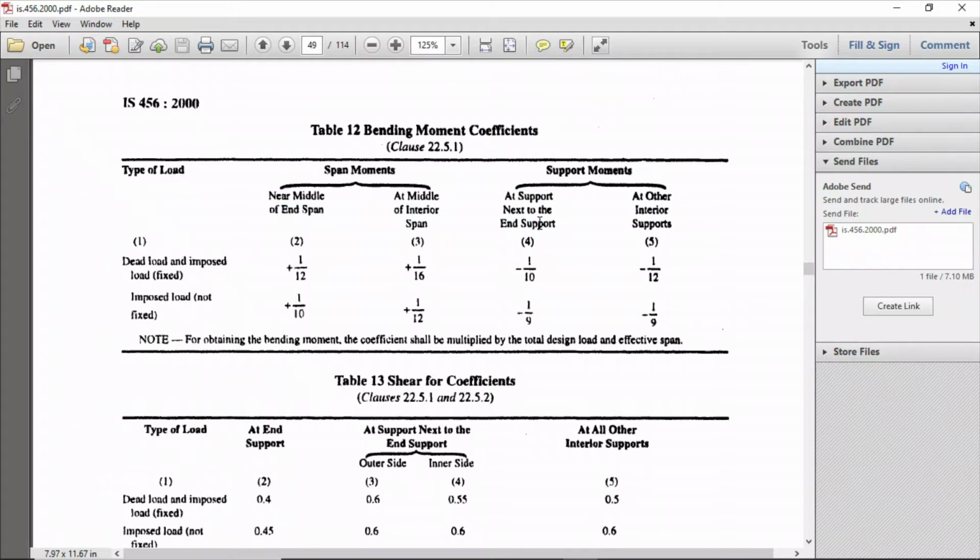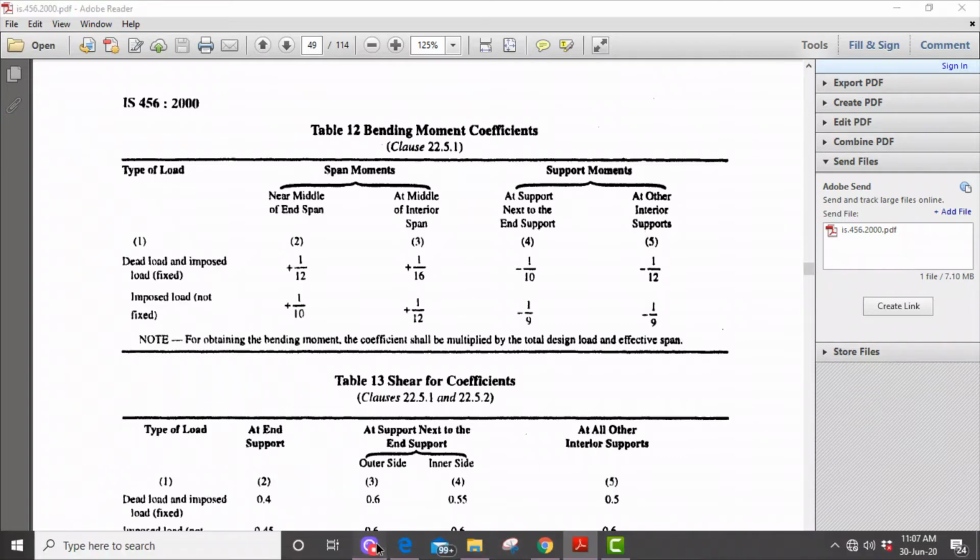Now let us identify the second point, that is point C after B. First we complete the support points, then we go to the span points. Can anyone identify whether point C is next to end support or at other interior supports?